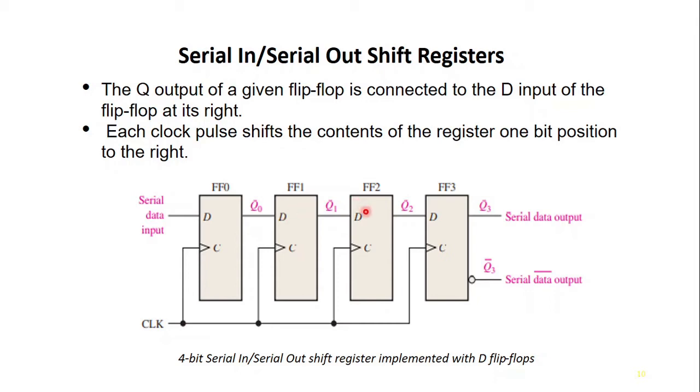The serial input determines what goes to the leftmost flip-flop here. The serial output is taken from the output of the rightmost flip-flop. This register shifts its contents to the right. If we turn the page upside down, we can see this is working as a shift left register.